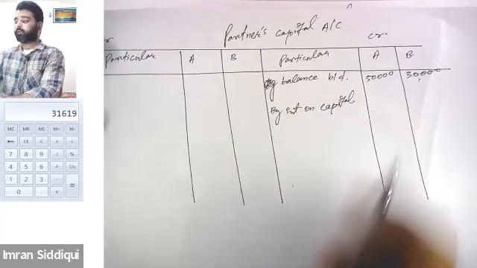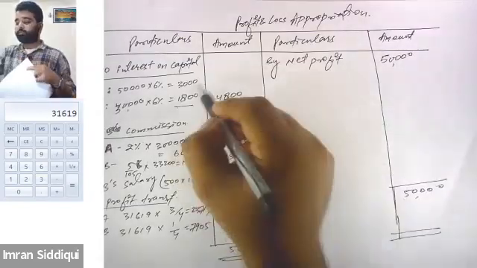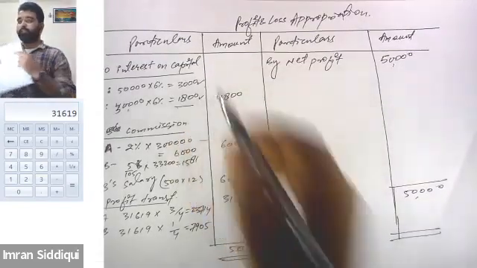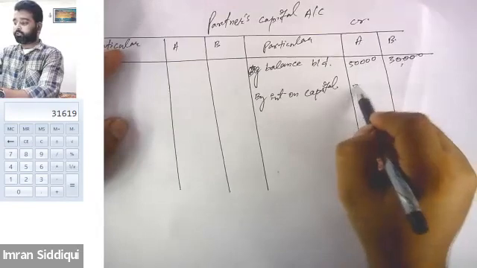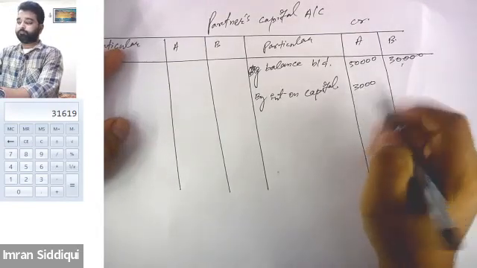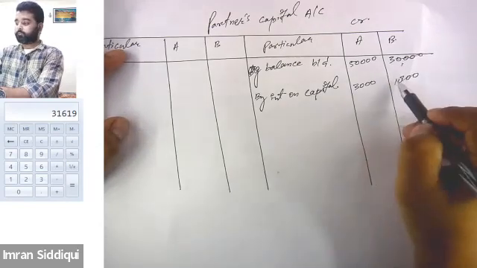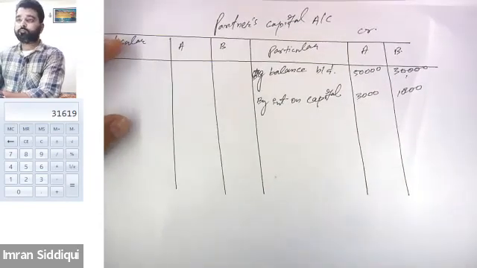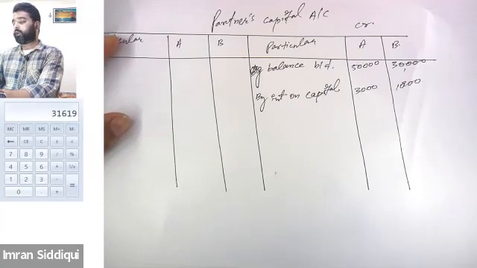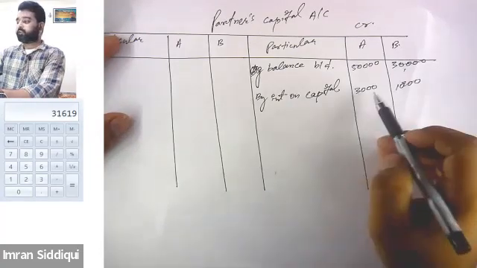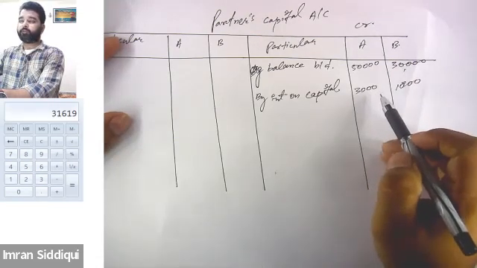Interest on capital for Mr. A was 3,000, and for B it was 1,800. Is this clear, all of you? We are taking these values from the P&L appropriation account.